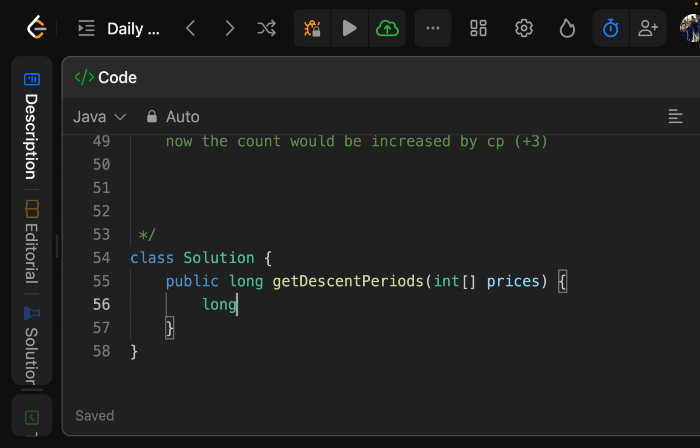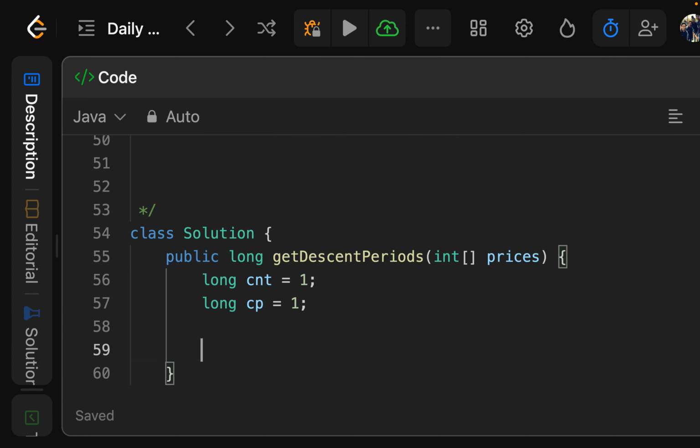So we have long count 0. They are expecting long. Maybe the count would be very big in number. So long continuous period, which is initially 1, and count is 1. Why we are taking 1? Again, because we are taking our counts from index 1 and not 0. And I is less than prices dot length.